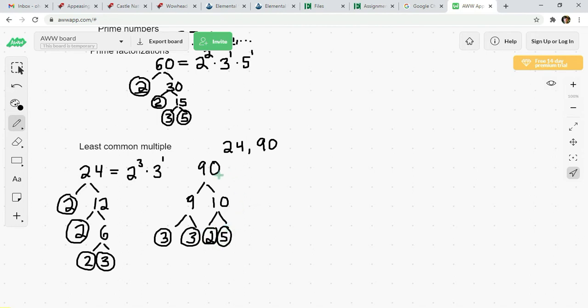So the prime factorization of 90 is then 2 to the first, because there's one 2, times 3 to the second, because there are two 3's, times 5 to the first, because there is one 5. So notice we've got these two prime factorizations for 24 and 90 now. So maybe I'll box those just for reference.